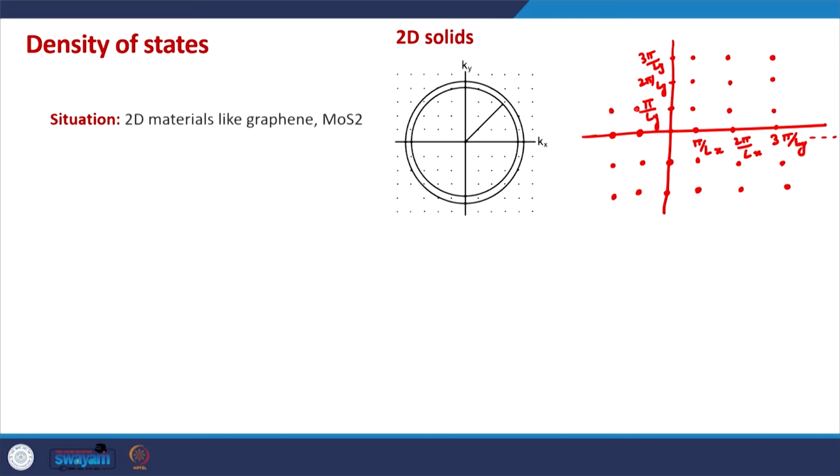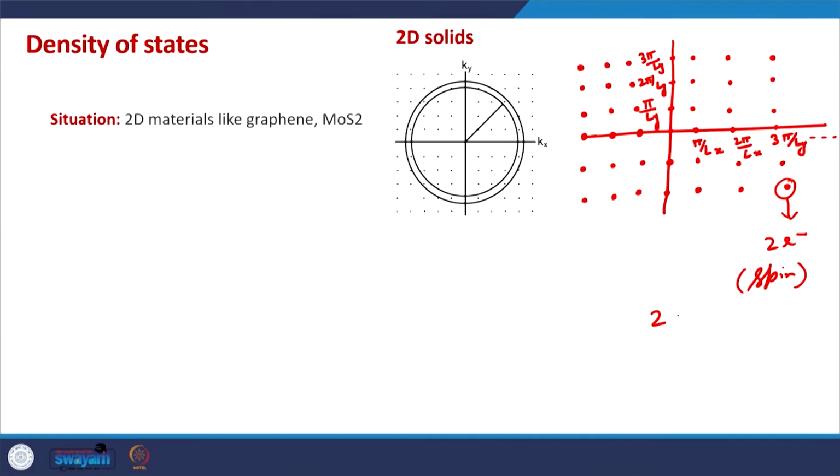Here also we need to keep two things in mind. One is the spin of the electrons. Each point can host up to 2 electrons because of the spin, since the electron is a spin half particle. So, the number of states will be twice the number of allowed points. Also, the points in different quadrants will essentially correspond to the same wave function, because there will be just a difference of a global phase.